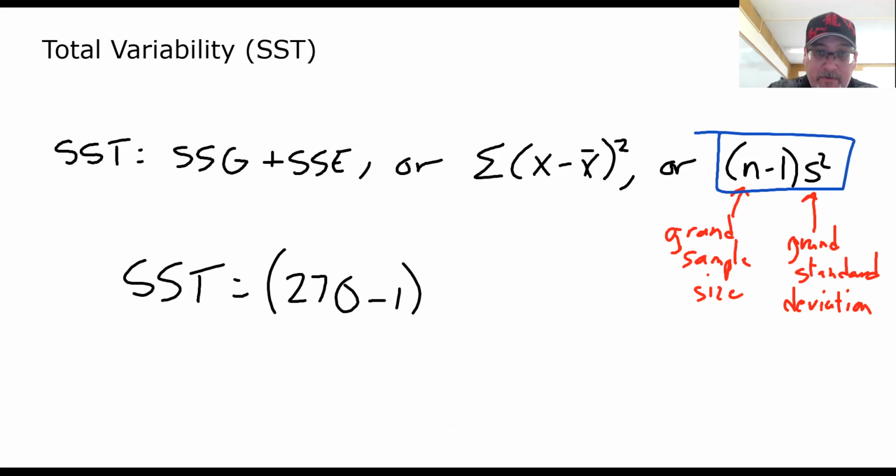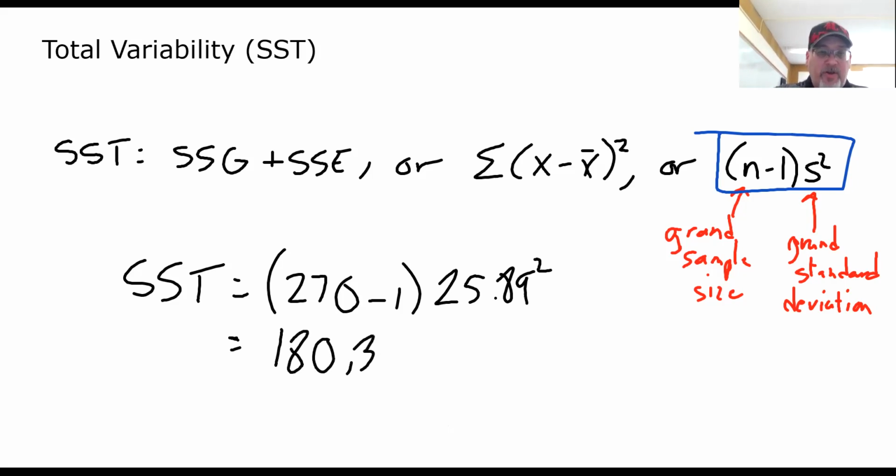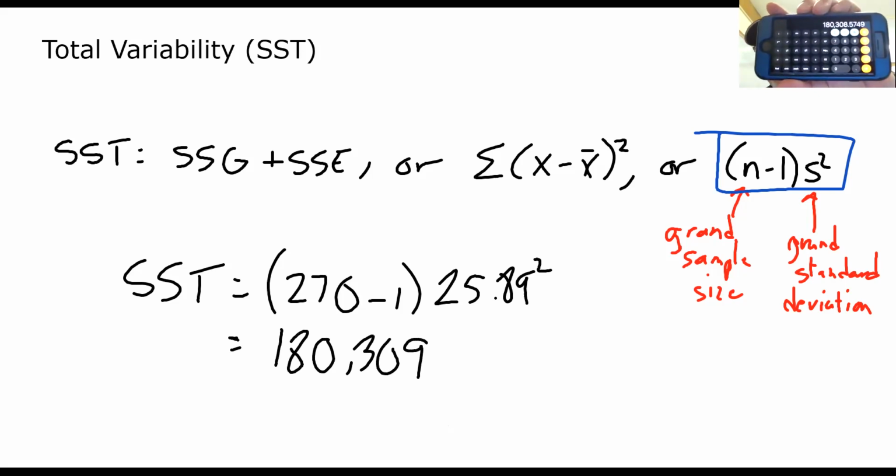And if we multiply that all out, you get 269 times 25.89 squared. And that gives us, to the nearest whole number, 180,308, actually rounds to 309 because it's 8.57.